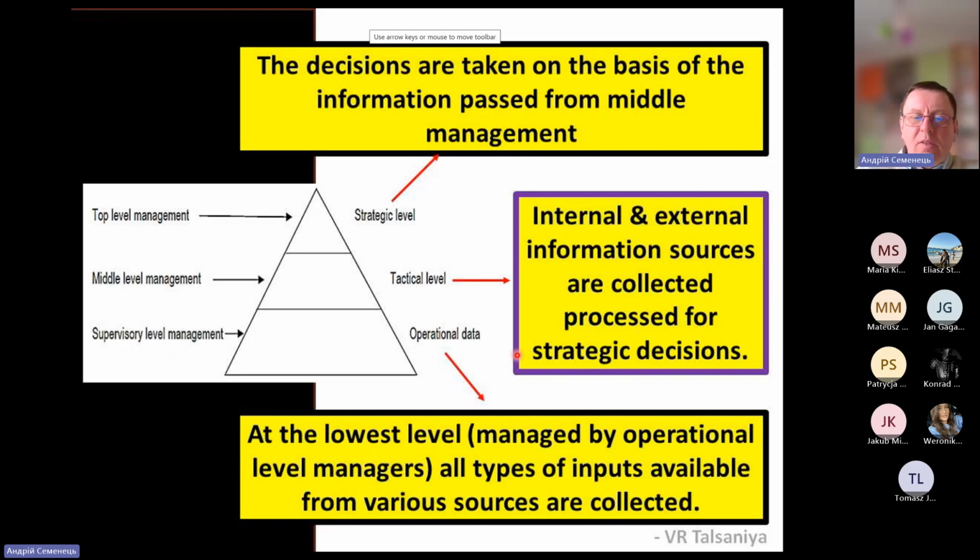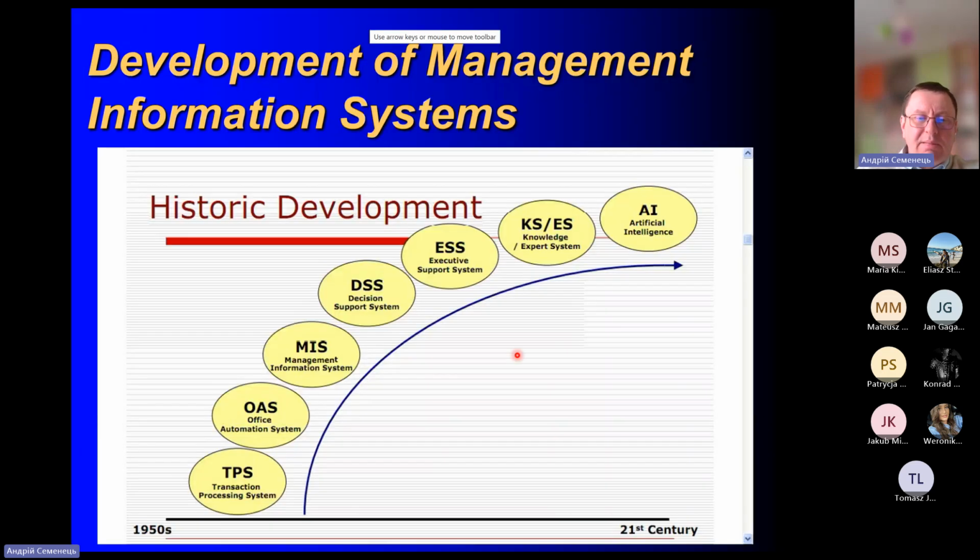Generally, there are different subclasses of DSS, depending on whether we talk about operational data management, the tactical level, the strategic level, and so on. Still, we can talk about the application of DSS and expert systems at each of these levels.